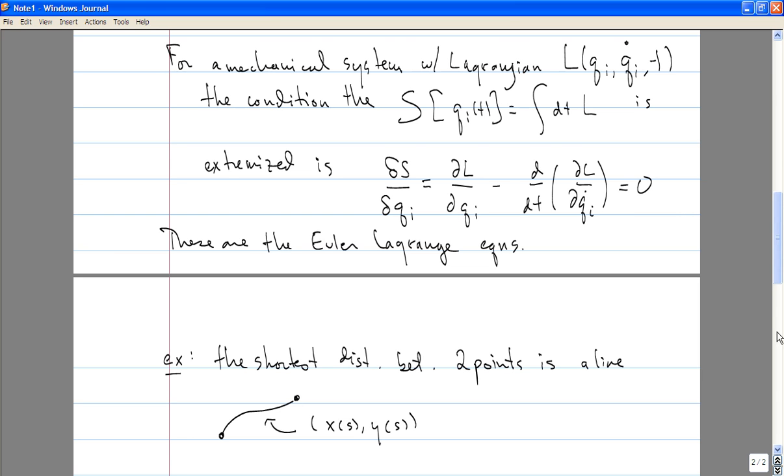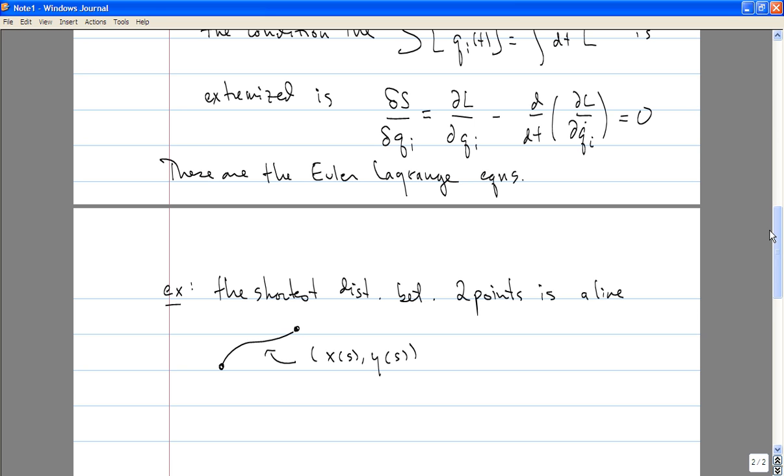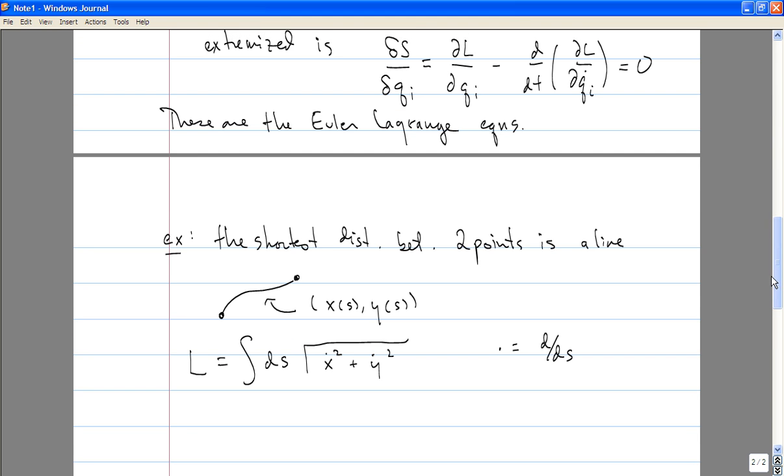And then we seek the path which minimizes the length along the curve. As you remember from your multivariable calculus class, that length is found by integrating an arc length, which is given by the Pythagorean formula, the integral of the square root of x dot squared plus y dot squared, where dot is d by ds. So this is the length of the curve, and it is the quantity which we wish to minimize.